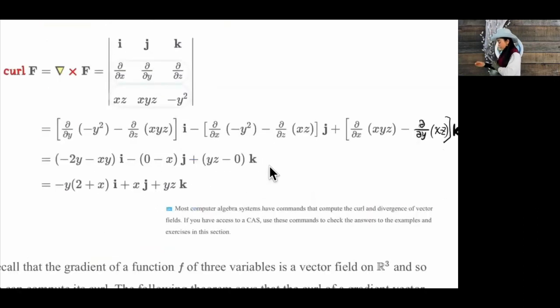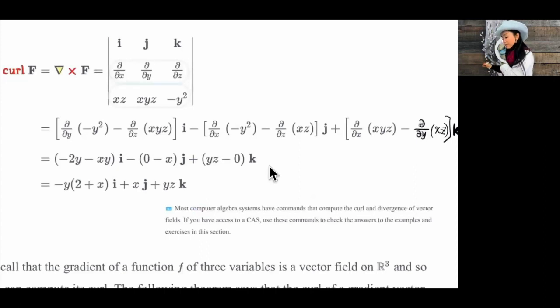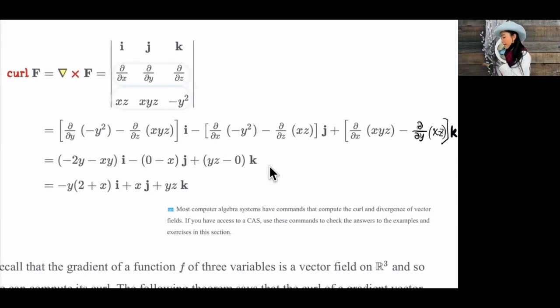Now, most computer algebra systems have a command that computes the curl of a vector field. So you can use a computer algebra system to do it. You should try to do it by hand first, and then you can check your answer using maybe a graphing calculator or some other system, but do it by hand first.